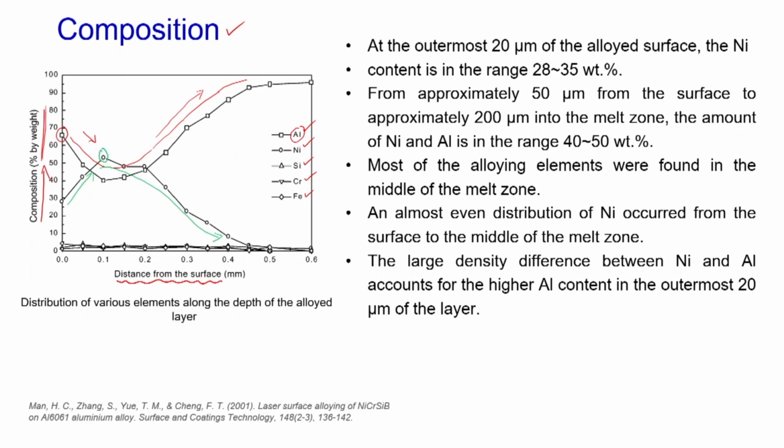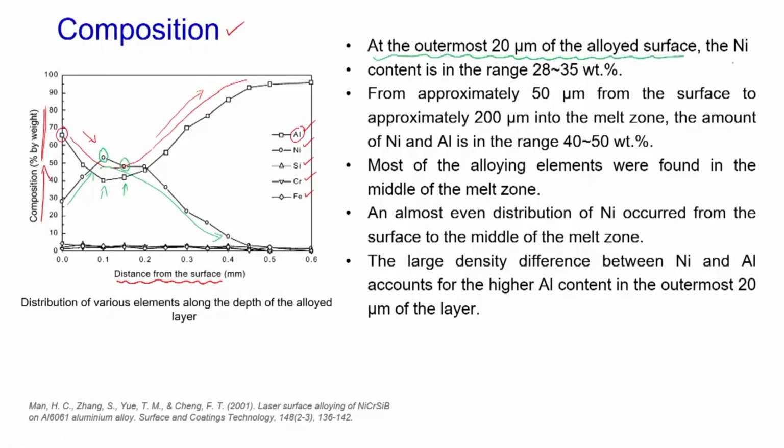So, here you notice the more percentage of nickel than the aluminum. So, this is successful alloying of nickel with the aluminum. Of course, the other elements are also there, but their percentage is minimal and it is almost constant from the top of the surface along the thickness direction.